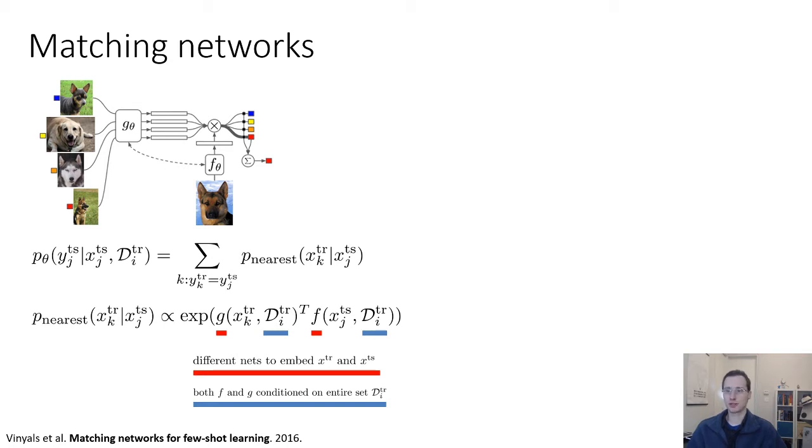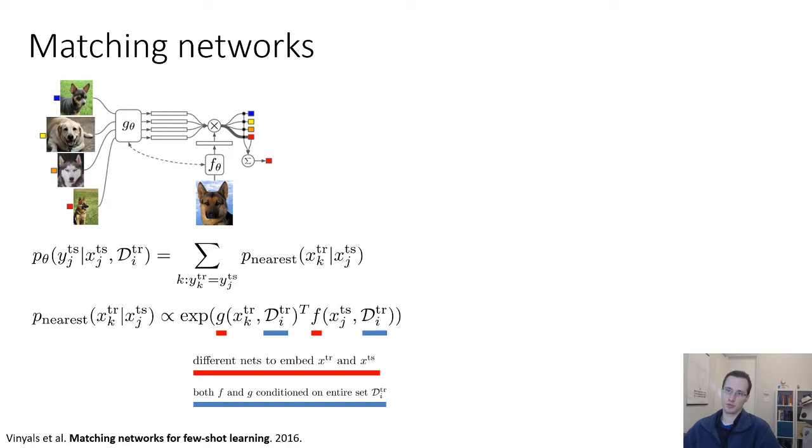So if the entire training set is just pictures of dogs, you know that you're trying to classify different breeds of dogs. So the representation that you would choose for one of the dogs would encode properties that are indicative of what breed it is, rather than properties that are indicative, for example, of whether it's a dog or a cat, because you know you're just trying to classify between different kinds of dogs.